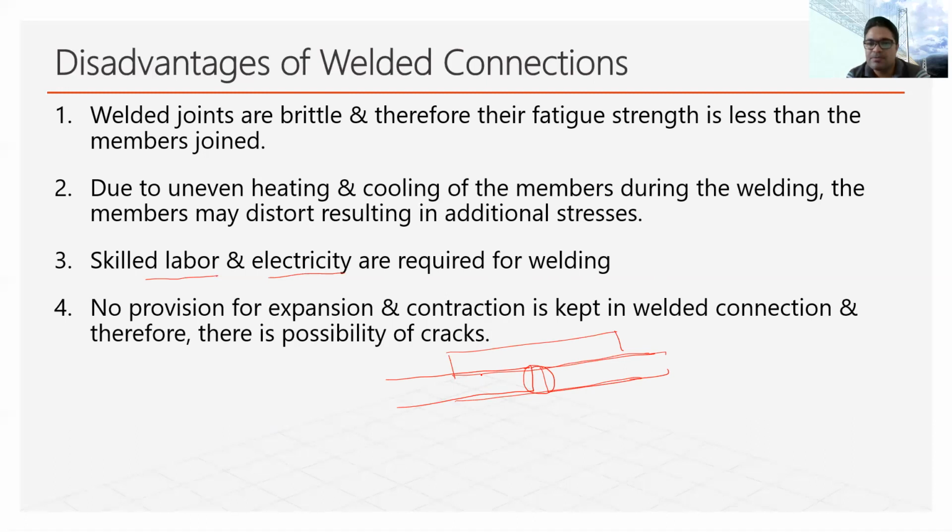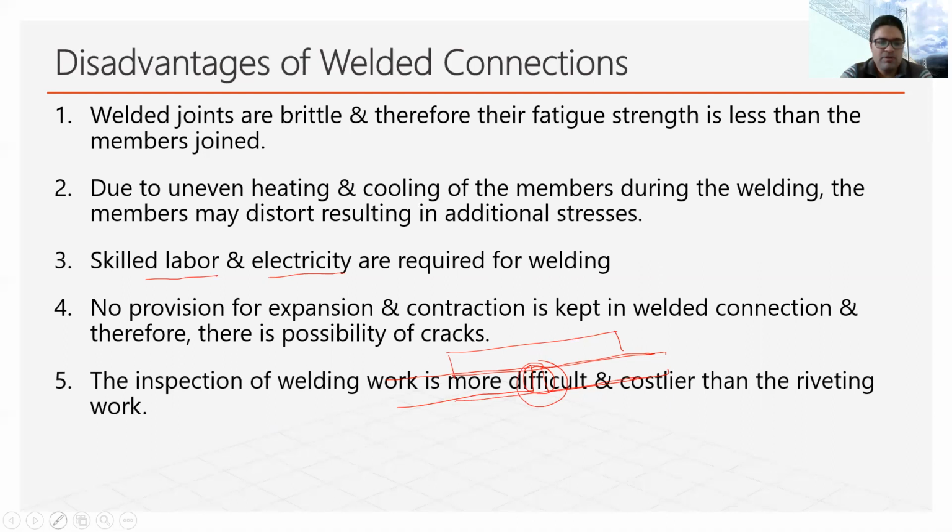We can provide such a gap for expansion and contraction. But in welding, such gaps are not possible, so there is no provision for expansion and contraction, and if there is expansion and contraction, some cracks may occur.